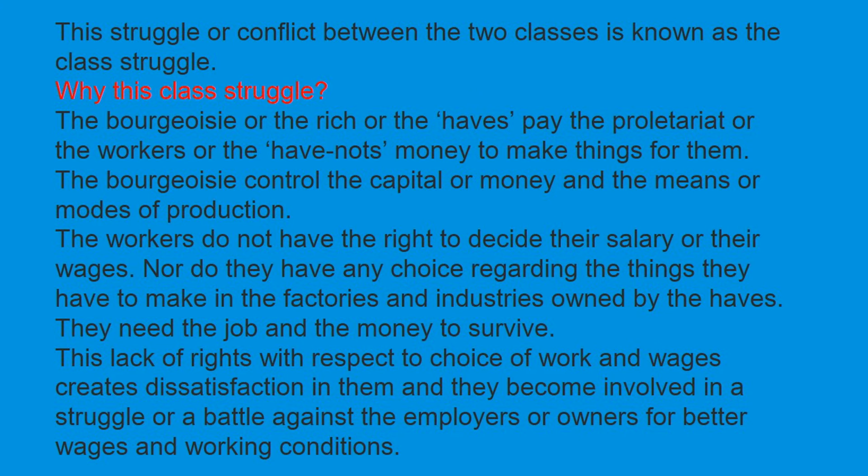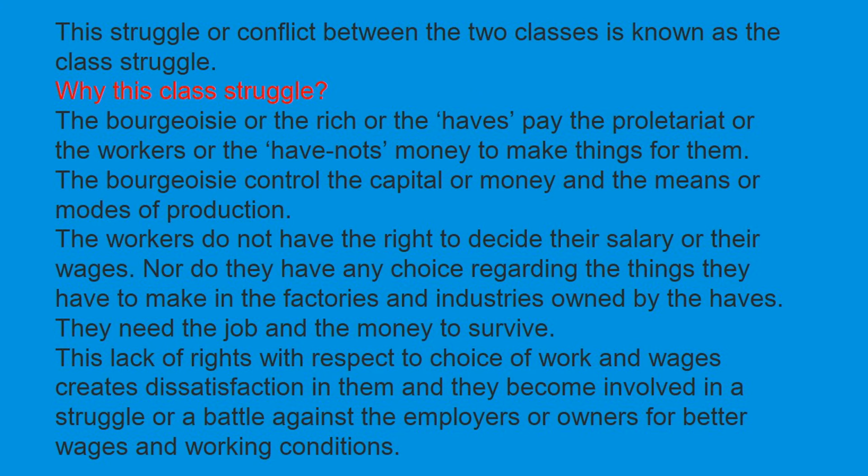Now, the bourgeois, they control the capital or money and the means or the modes of production. So, the workers who work in these factories and industries, they actually do not have any choice regarding the product that they are making or the salary or the wages they get from their employer or from the bourgeois employers.